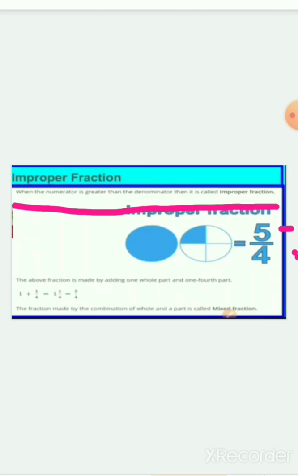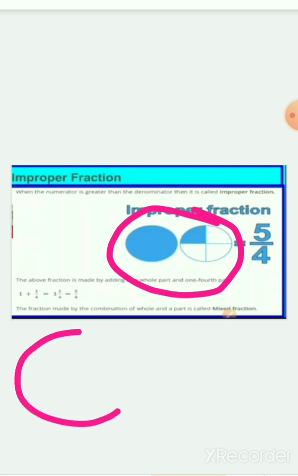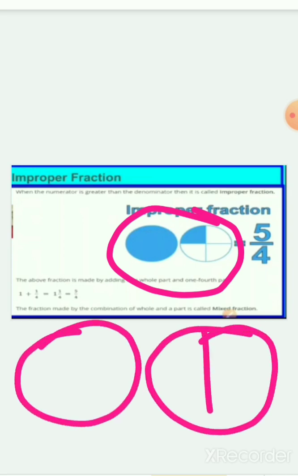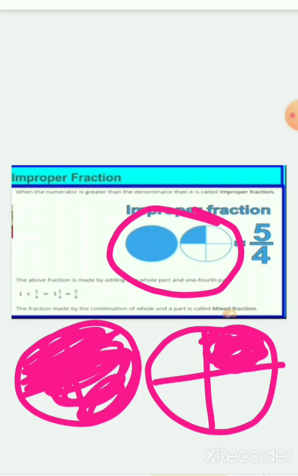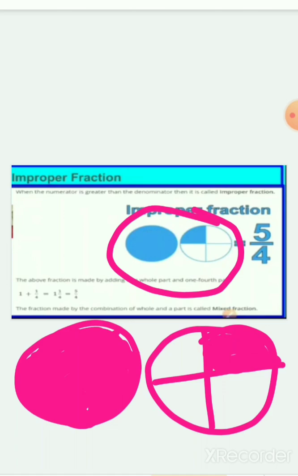As you can see in the diagram, we have one complete circle and one circle with only one part shaded. The first is fully filled, and in the other circle only one portion of the 4 parts is filled.